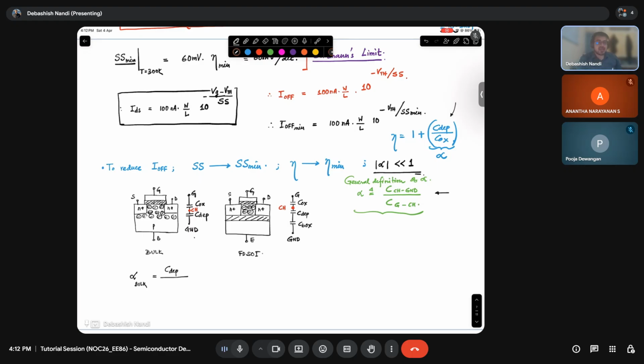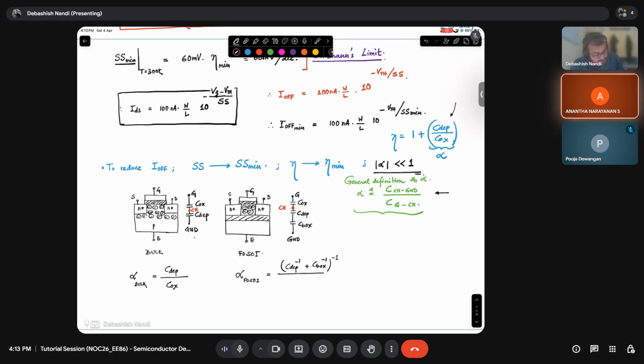And what is the capacitance I am seeing between gate to channel? It is C oxide, right? But what about alpha FDSOI? What is the capacitance I am seeing between channel to ground? This is C depletion in series with C box, divided by C ox.